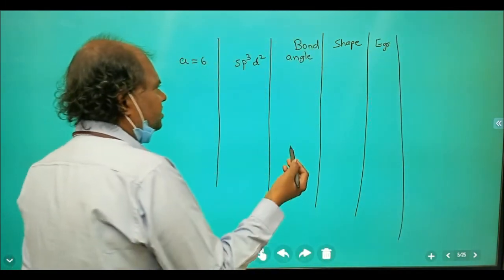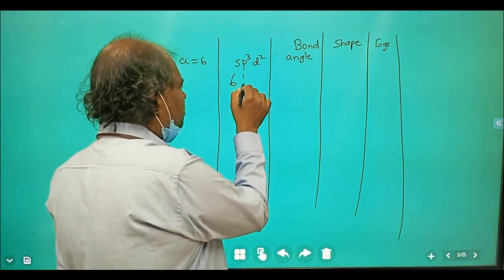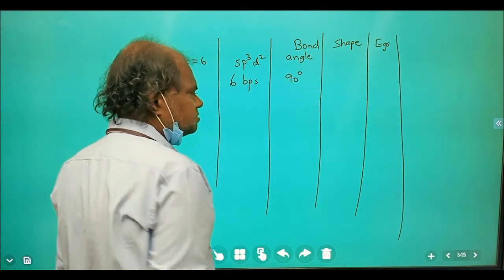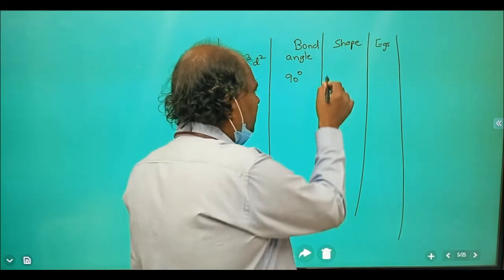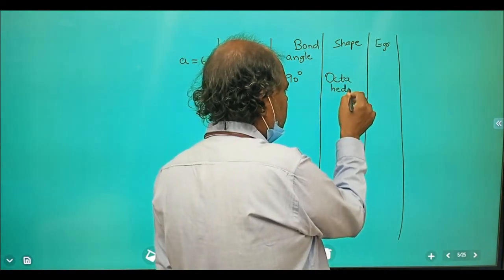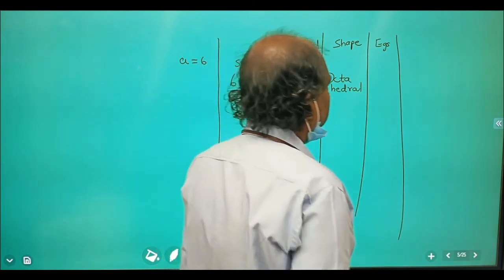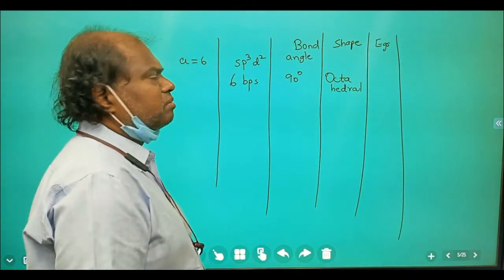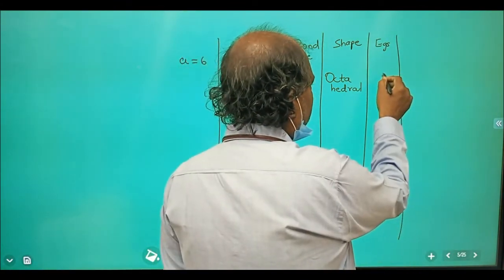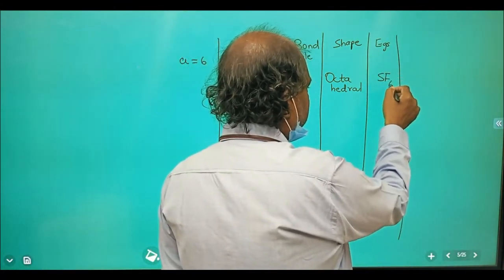So all six are bond pairs, students. What will be the angle? Exactly 90. Shape octahedral. Example, I think you know this example, SF6.